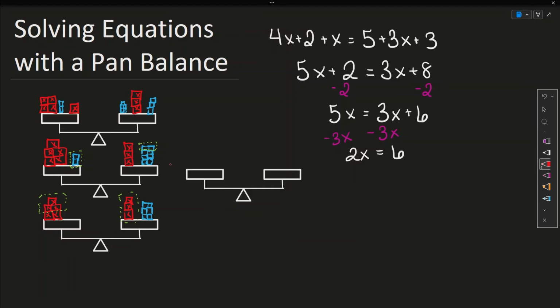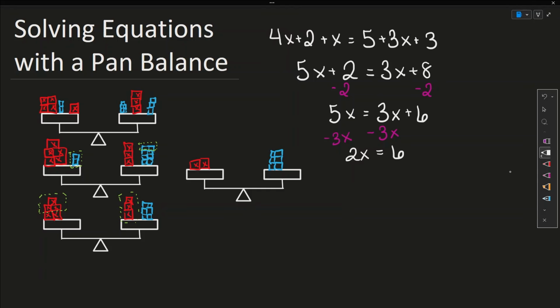When we do that, our left-hand side will now have 2 x blocks, and that's it. The right-hand side, however, will have 6 unit blocks left after we remove those 3 x's, and that corresponds to our equation, 2x is equal to 6.